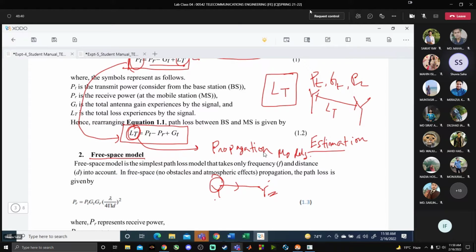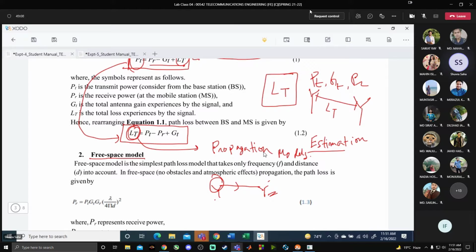Suppose in a village area it can happen that in some cases there will be no obstacle, you may have totally free space. So you can understand that this is the ideal situation that we can have, the most favorable situation. So that's why we will define the ideal case first, and then we will incorporate the other things in the ideal model to develop some more practical models. So the more practical models are developed from this ideal model.